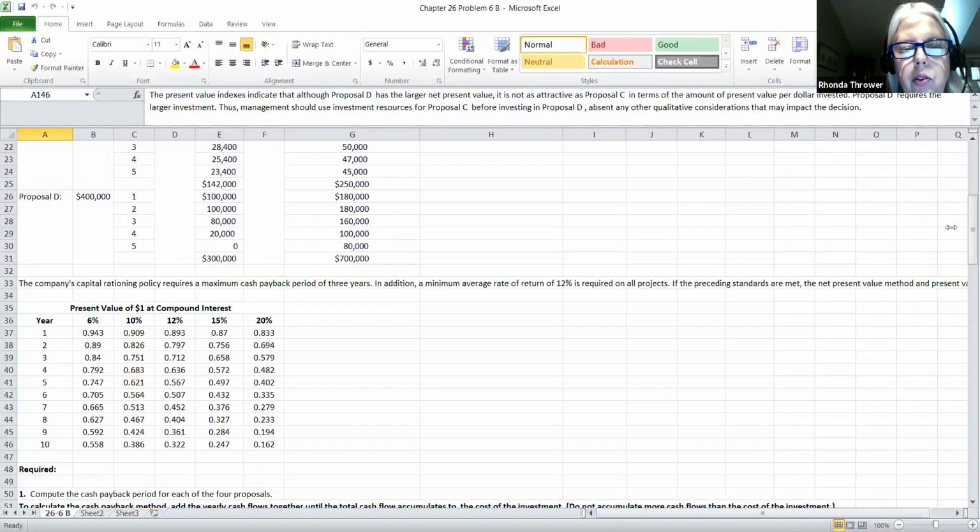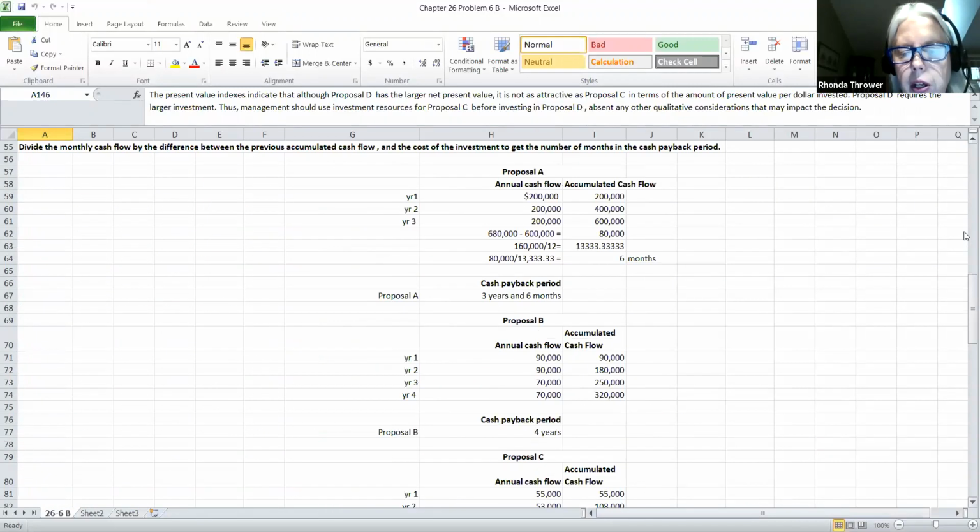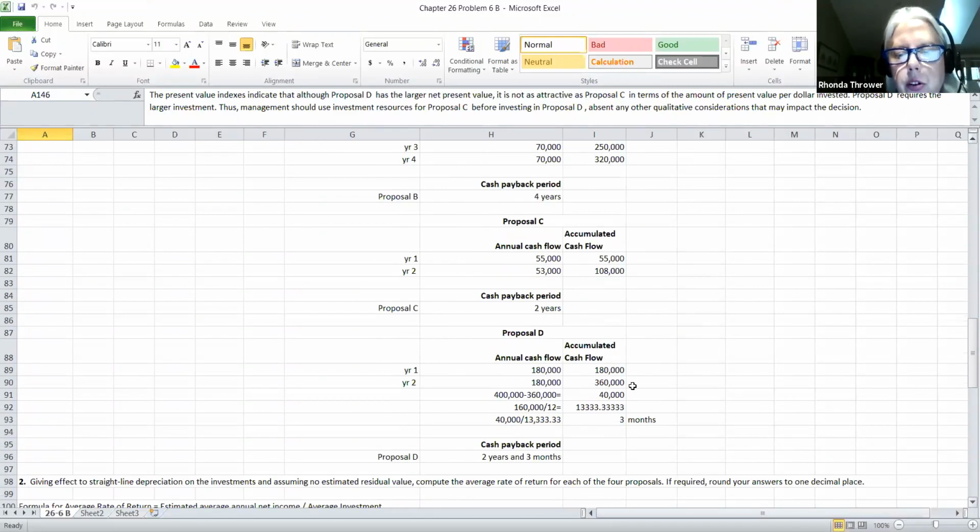So we've got to draw back to the accumulated cash flow in year 2, which was $360,000. We're going to compare it to the initial cost. That means that we have $40,000 left to recover to determine our cash payback period.